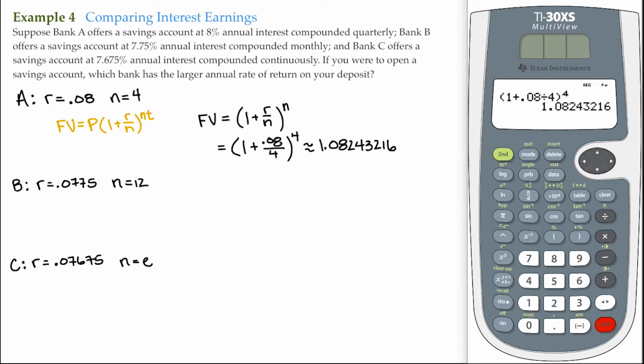We'll do the same for B. It has the same future value formula as A. So we'll have future value equal to, we're not concerned with the principal, 1 plus R over N, to the N times 1, which is just plain old N. So this becomes 1 plus 0.0775 divided by the number of pay periods, that's 12, raised to the 12th power.